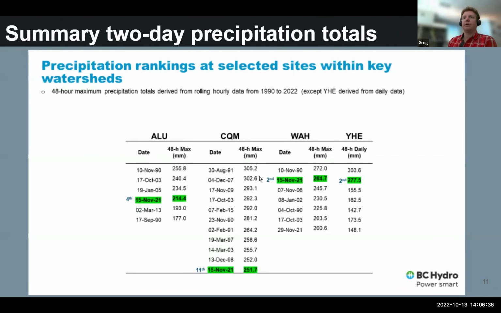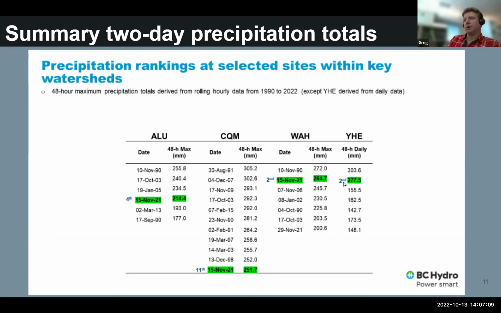If we look at rainfall totals, you can see they're not quite as impressive as the 2003 event, but still very impressive nonetheless. Over 200 millimeters at many of our precipitation gauges in the mountains of the South Coast, and then in the Eastern Fraser Valley is where we saw some of the highest precip totals, about 270 millimeters at Wahleach, which is a reservoir in the Eastern Fraser Valley, and at Hope.